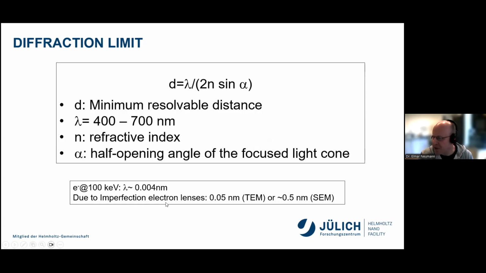But due to imperfection of the electron lenses, or what we are capable of manufacturing, we end up for TEM in the range of 0.05 nanometers, or in a good SEM around 0.5, or half a nanometer.